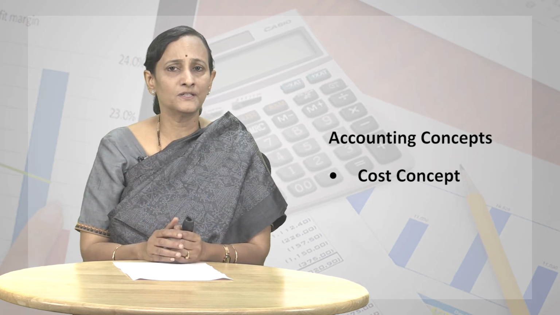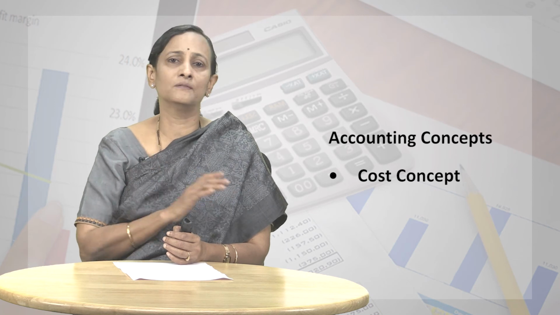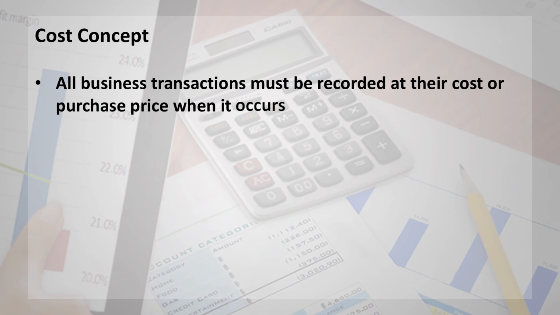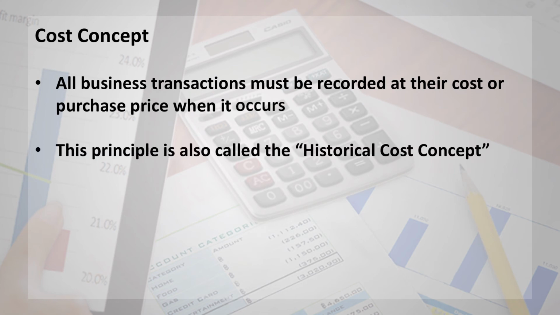The cost concept is one of the basic underlying concepts of accounting, which states that all assets or expenses, whatever happens in business, are recorded at cost or the purchase price. This principle is also known as the historical cost concept. We don't deal with values at the time of purchase. What we deal with is cost.